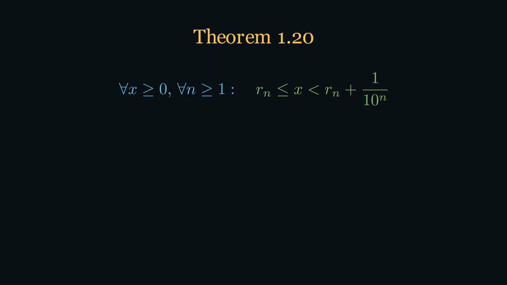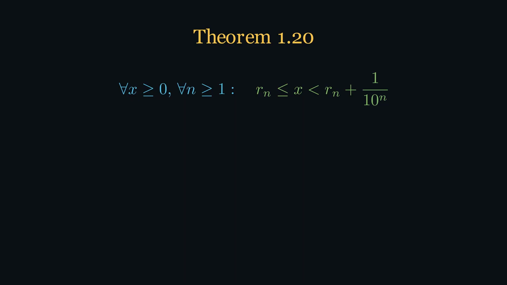Take any real number x greater than or equal to 0, and any positive integer n. There exists a finite decimal Rn with exactly n digits after the decimal point, such that Rn is less than or equal to x, and x is less than Rn plus 1 over 10 to the n.